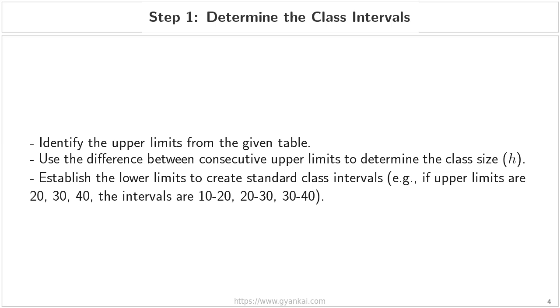This transformation is crucial because, as we will see in the next step, we cannot work with the data until we have these distinct, standard intervals ready for our frequency calculations. Now that we understand what a less than distribution represents, let's move into the actual procedure. In this fourth slide, we are looking at the very first step of our process, determining the class intervals.